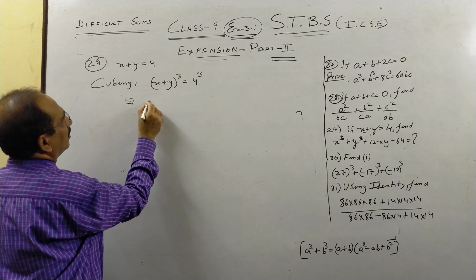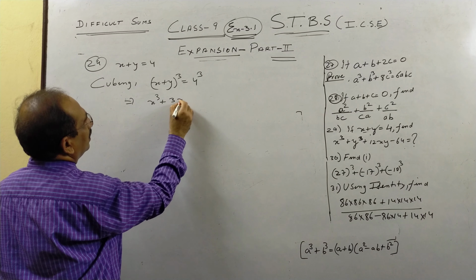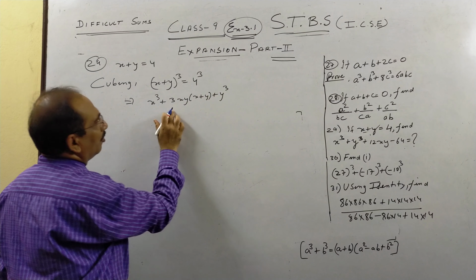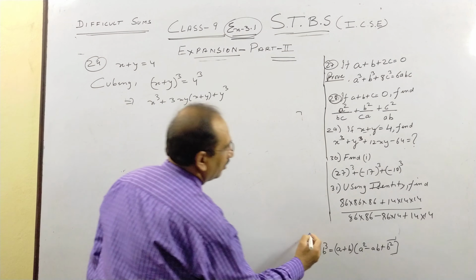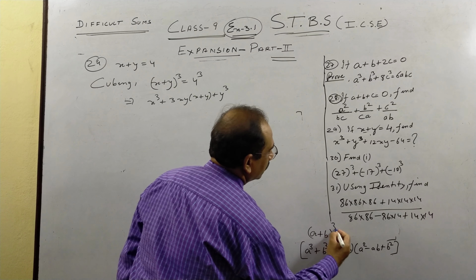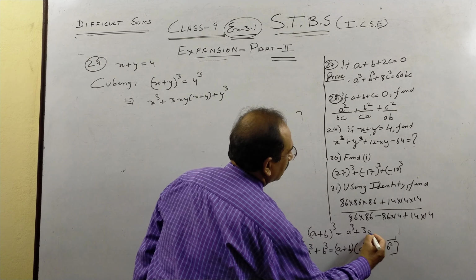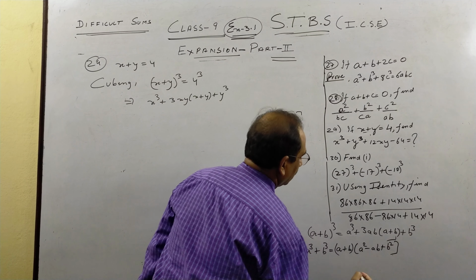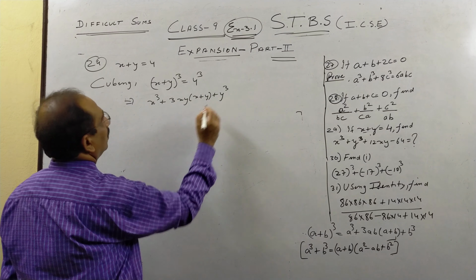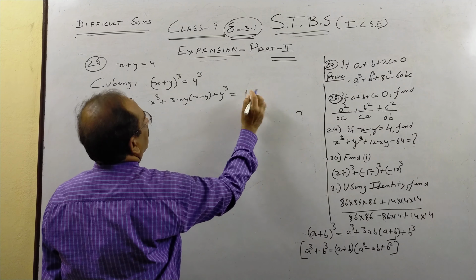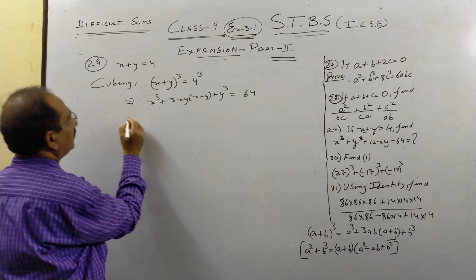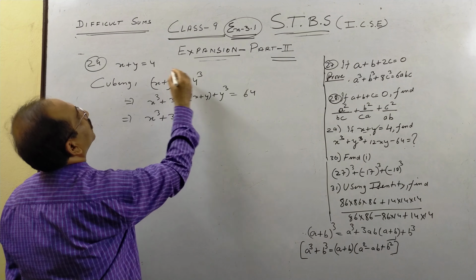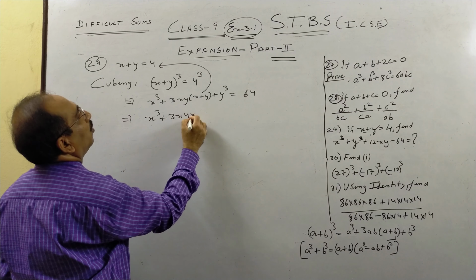Simply we cube and see in one step: x cube plus 3xy(x plus y) plus y cube. This is how we expand with the previous formula which I had shown you: a cube plus 3ab(a plus b) plus b cube. So this formula we use, and it is equal to 4 cube, which is 64. This is the most important step children, where x plus y we write 4.